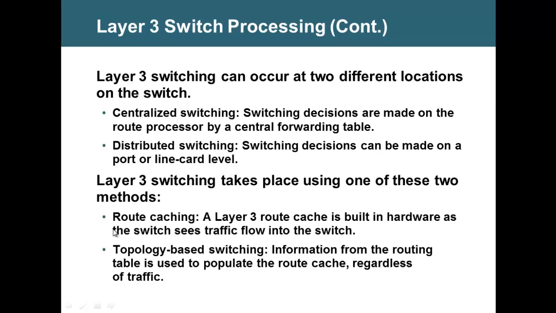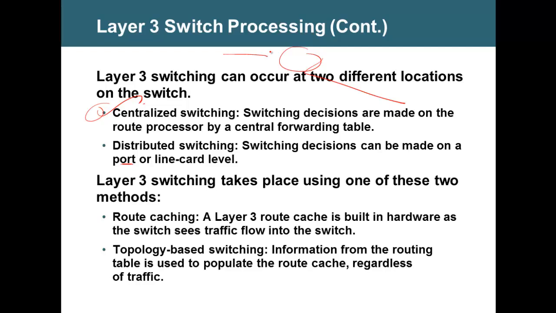Now this may be too much for you to understand, but I'll make it very simple. Layer 3 switching means the routing decisions can be made based on the routing table, and can also be made based on the port information. See, your routing table says go like this.